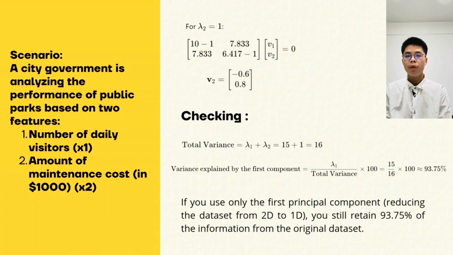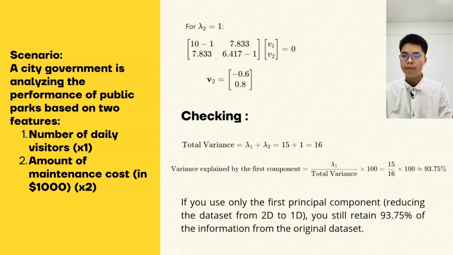After that, we need to check which eigenfactor we want to use, which will retain the most data from the original data set. To check that, we need to total the variance. So we add lambda 1 and lambda 2, and we get 16.